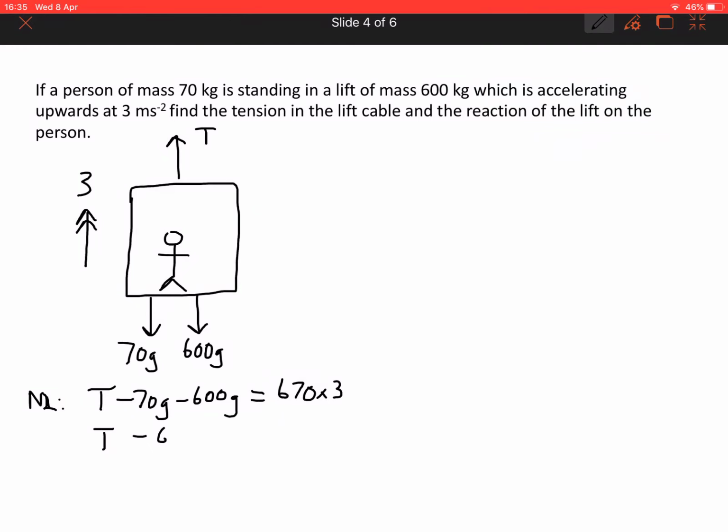So T take 670g is 670 times 3. So the tension will be 670 times 3. I'm going to add the 670g to get the tension, and that comes out to be 8576 newtons.